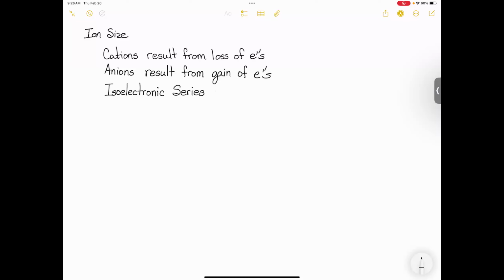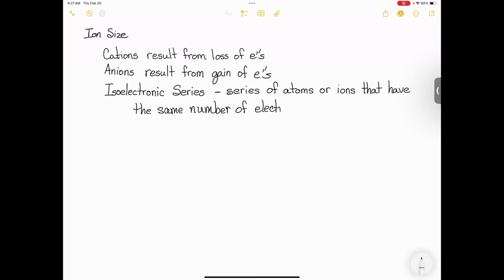Basically, an isoelectronic series is a series of atoms or ions that have the same number of electrons and hence will have the same electron configuration.